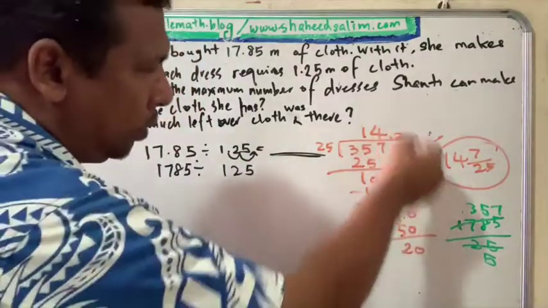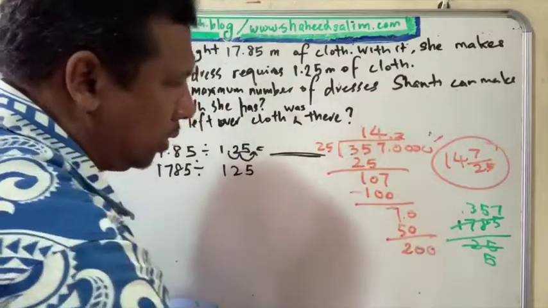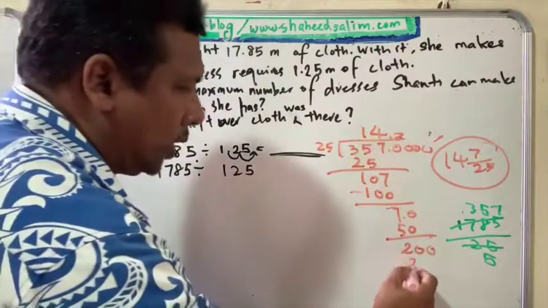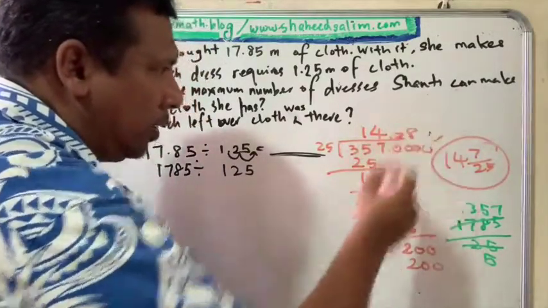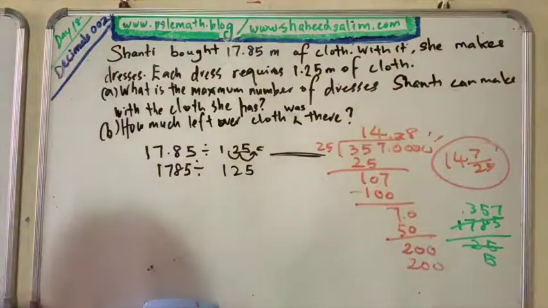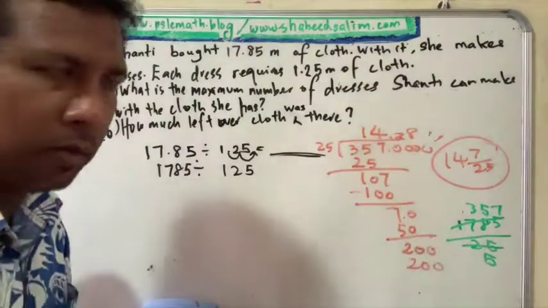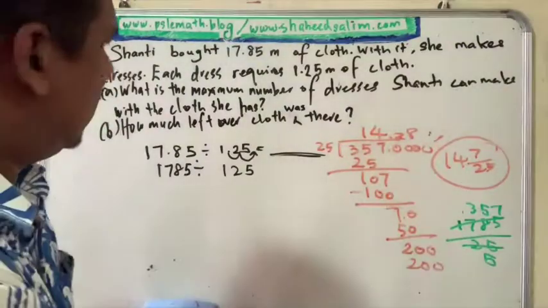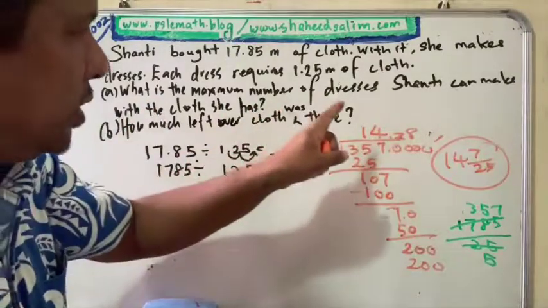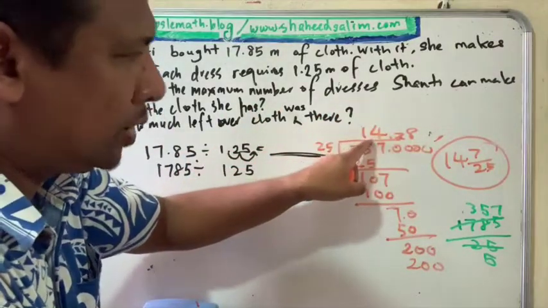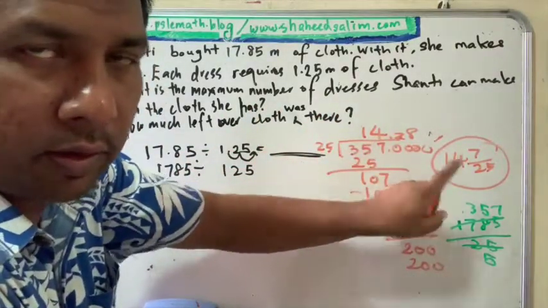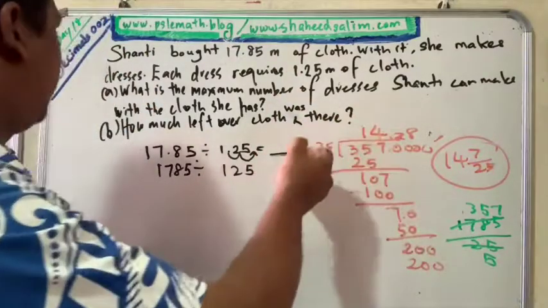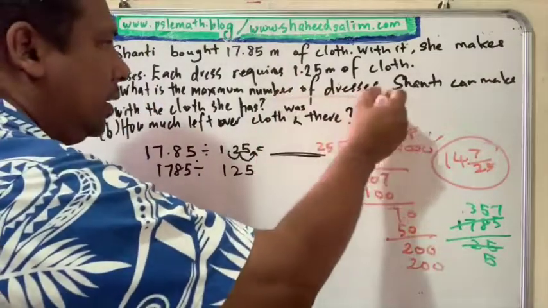You can bring 0 down. It's 200, and 200 you can divide. You get 8. So it's 14.28. So what does it mean? It means the maximum number of dresses she can make is 14. So the answer for question A is 14.